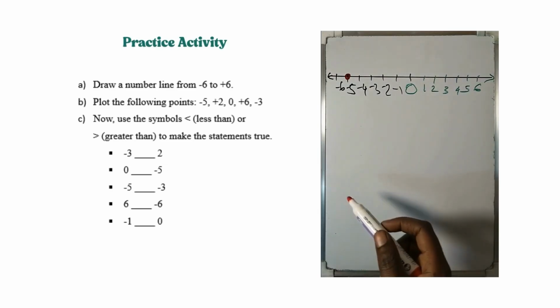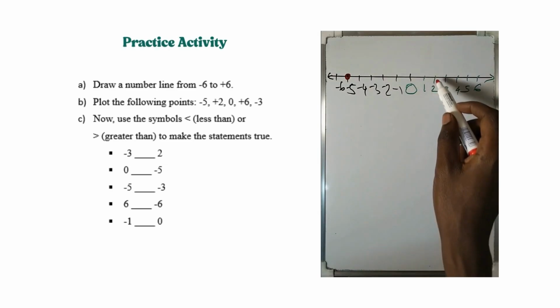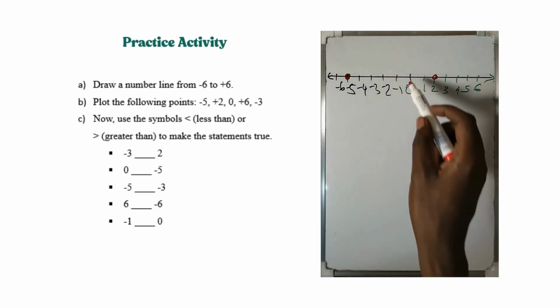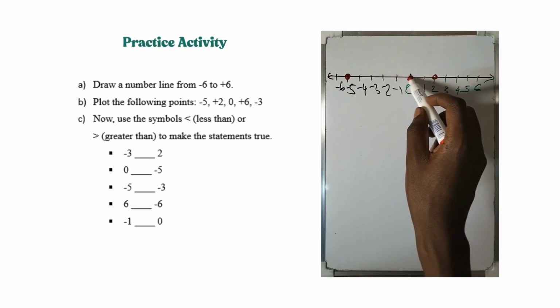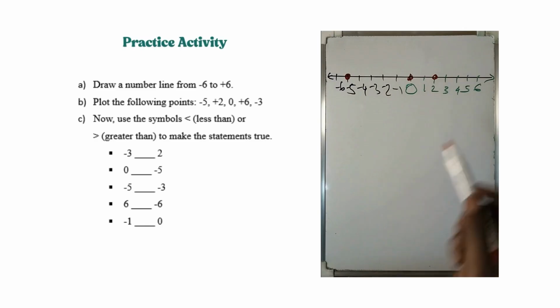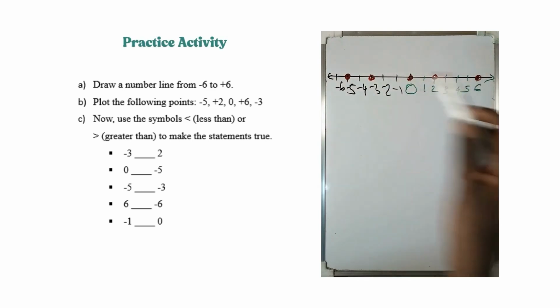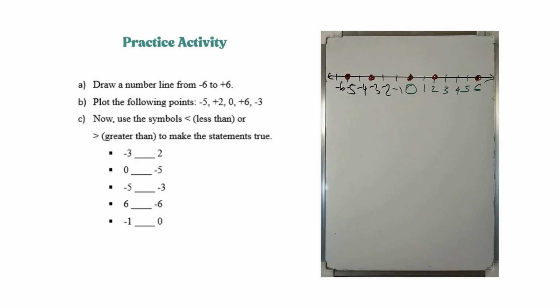And then we have +2. Here's +2. We have 0, which is our origin. Dot it. We have +6 here. Dot it. We have -3 here. Dot it. Now we have plotted the points on our number line.